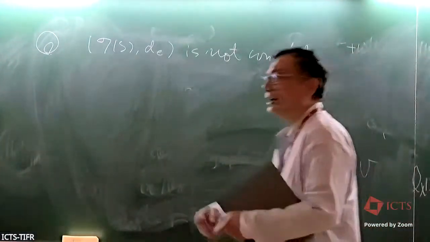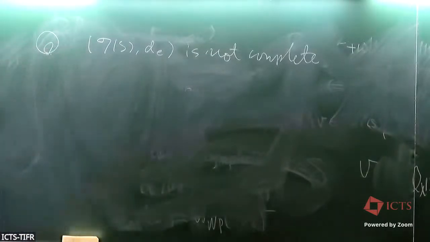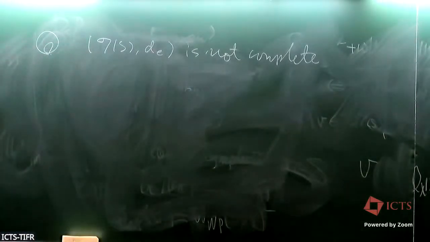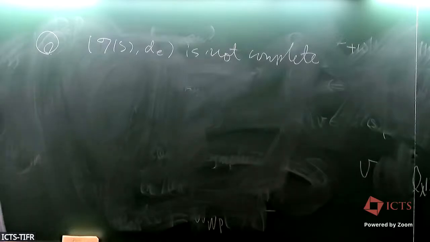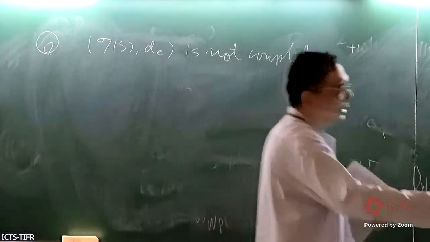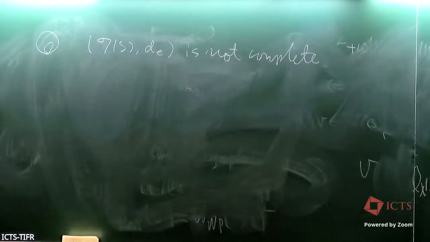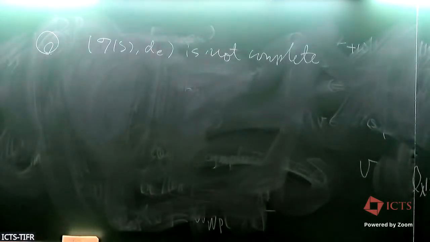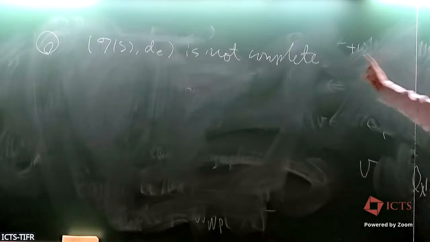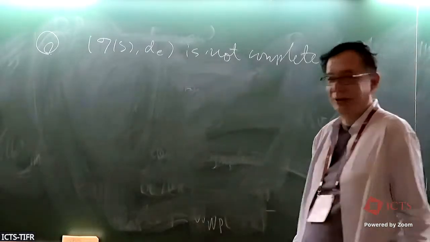This is an asymmetric metric, but there is a notion of completeness for an asymmetric metric. We consider the forward Cauchy sequence, and if a forward Cauchy sequence converges, then it's called forward complete. This space is not forward complete.